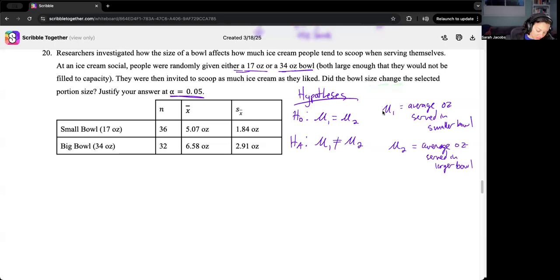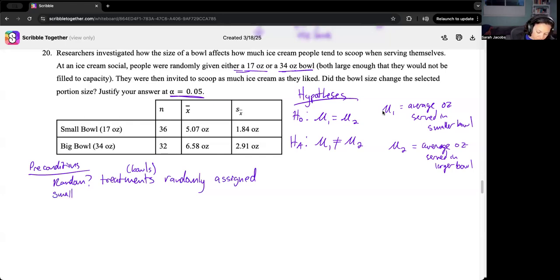After hypotheses, we've got our preconditions. So, always random. Is it random? Yes, they were randomly given. So we can say that the treatments, because this is an experiment, were randomly assigned. And the treatments here are the bowl size.